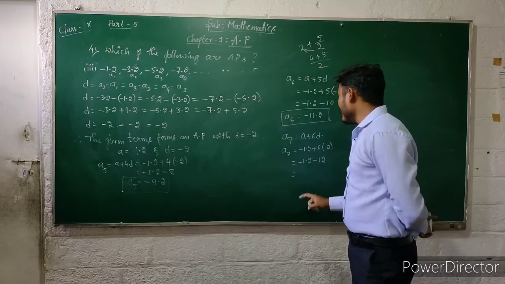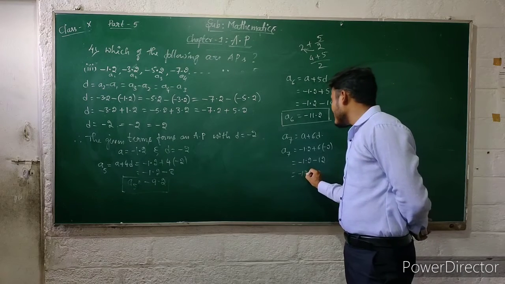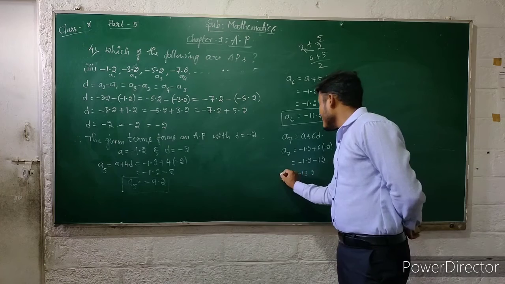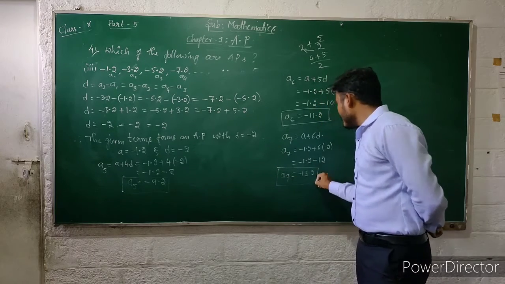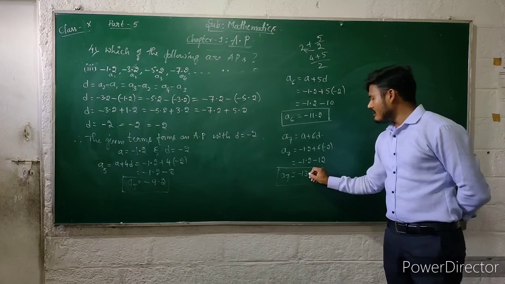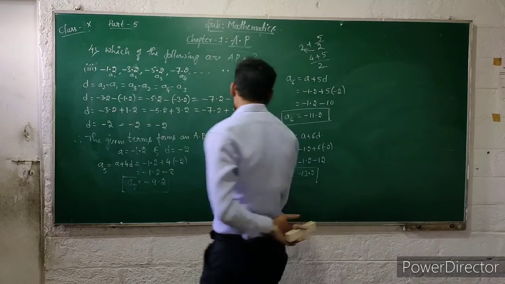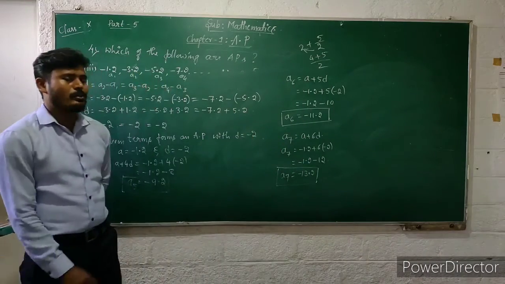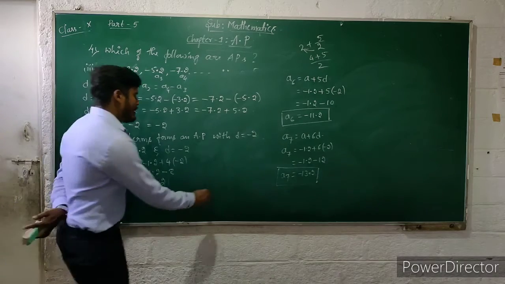So the seventh term of the AP is minus 1.2 minus 12. This is equal to minus 13.2. This is the seventh term of the arithmetic progression.